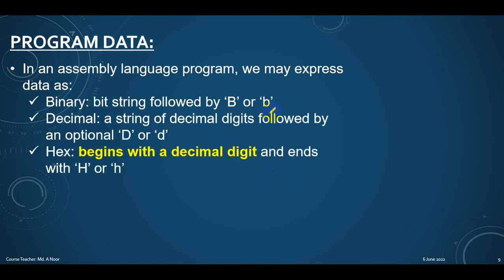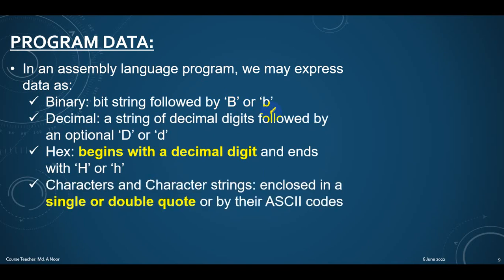Hex begins with a decimal digit and ends with a capital H or small h. Characters are enclosed in single or double quotes, or given by their ASCII code. And the last one: any number may have an optional sign, plus or minus. If it is plus, we don't write it, but if it is minus, we write it.